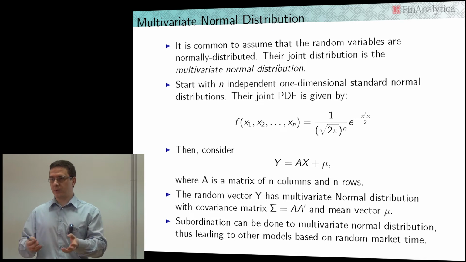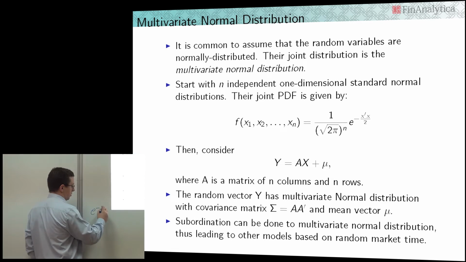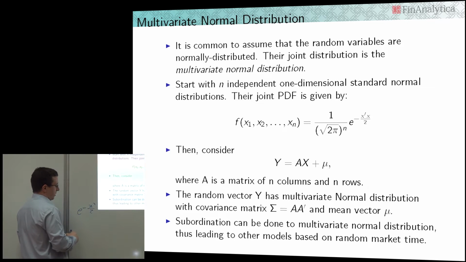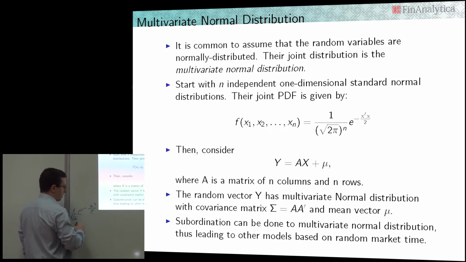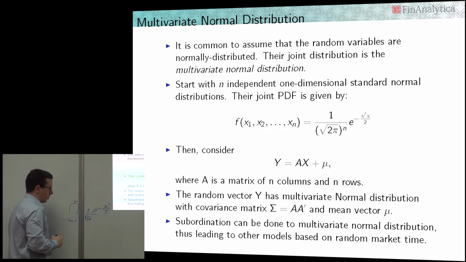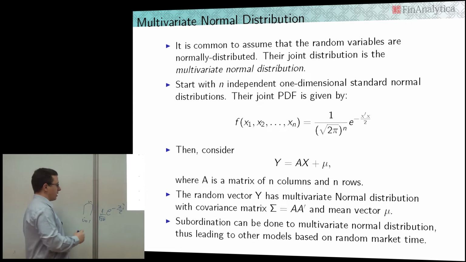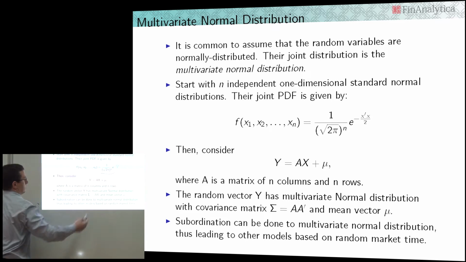It's a product of the individual marginals, and the individual marginals would be something like this, times 1 over square root of 2 pi. You do this for each variable, and then make a product out of each and every one of them. And basically this is what I have here.